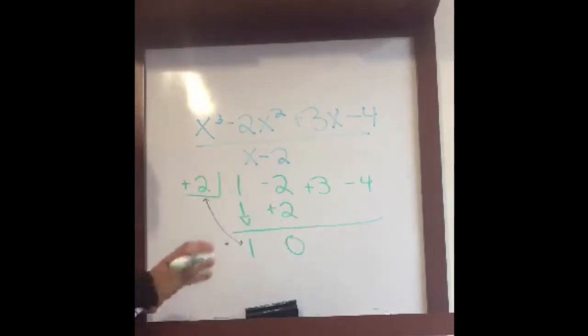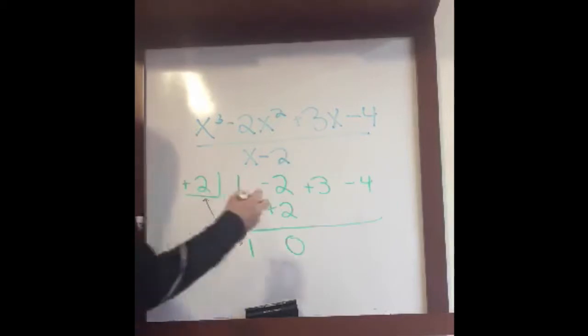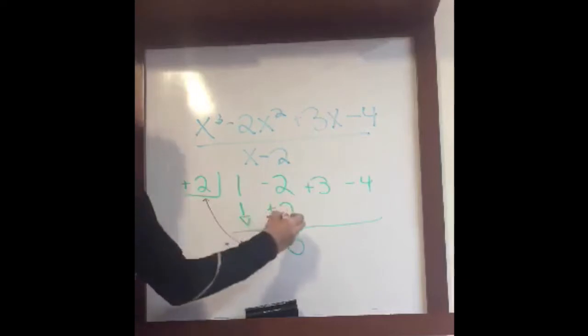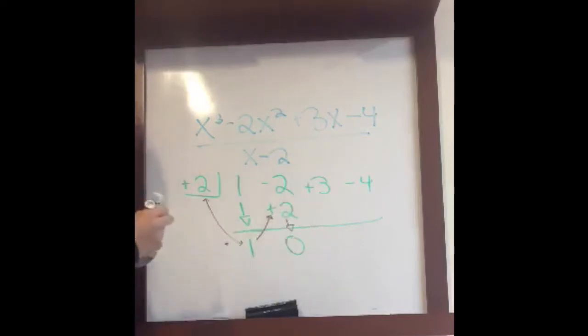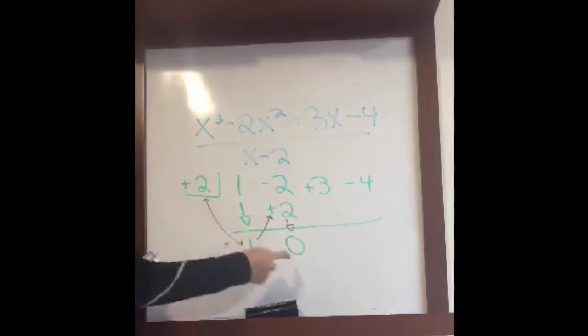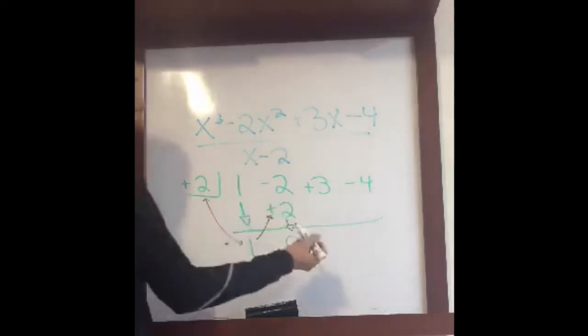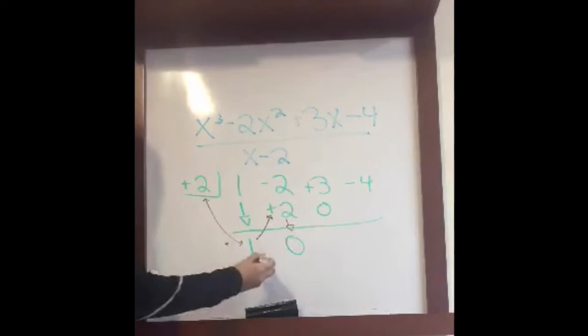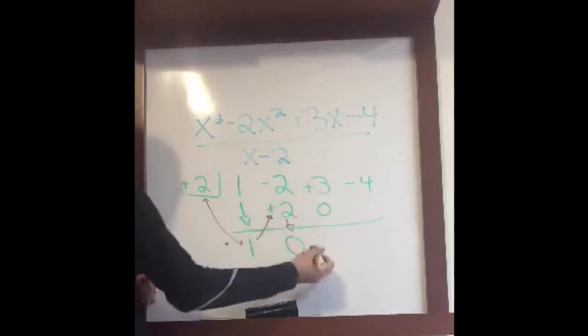Now we're going to do the same thing as we did here. 2 times 0 is 0, so we're going to put 0 here, like always.